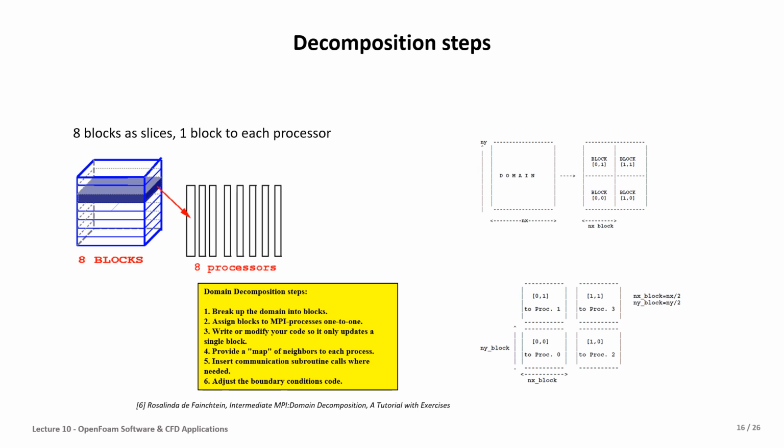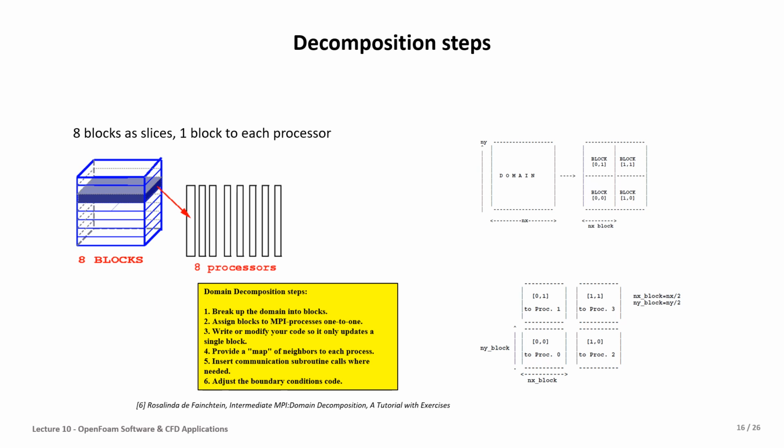It's a slice in the horizontal form, and there are 8 blocks. We call them slices, and each slice is assigned to one processor. So here we have this group, and based on the shape, we presented 3 types of possibility to decompose this domain.